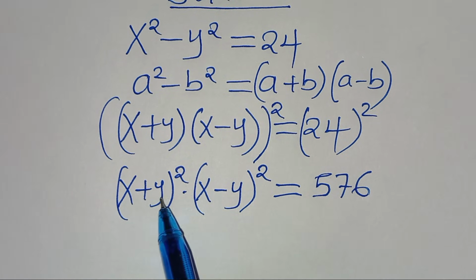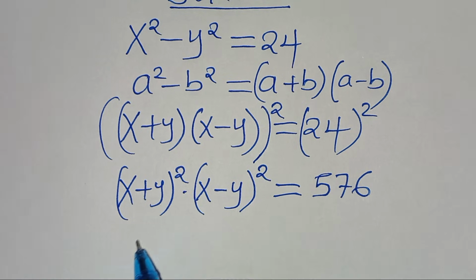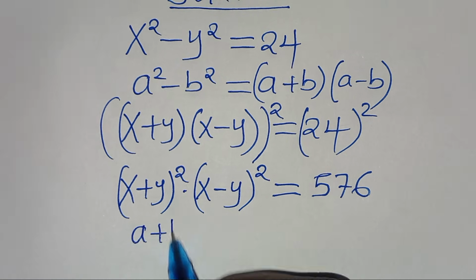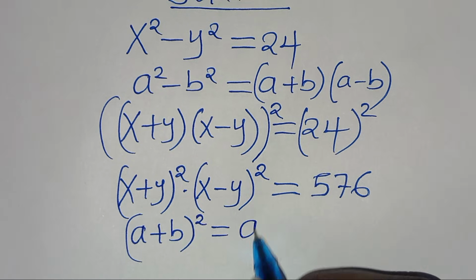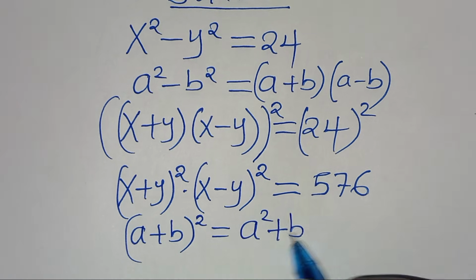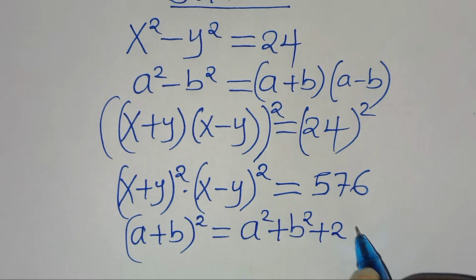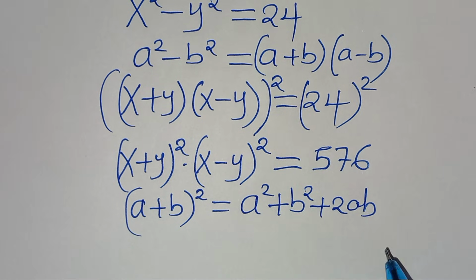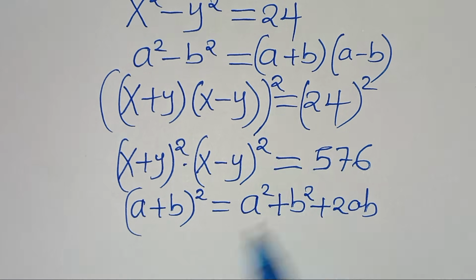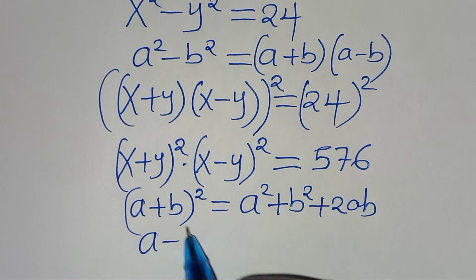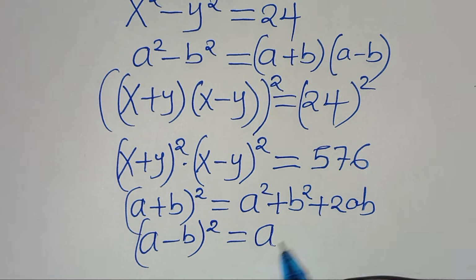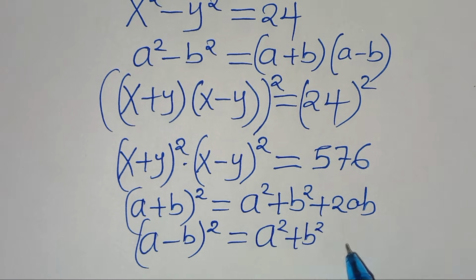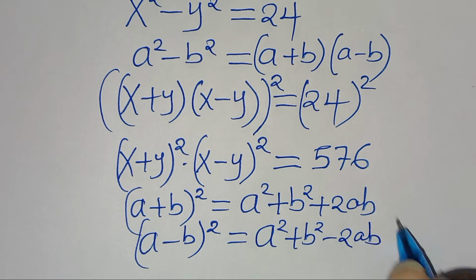Now, x plus y to the power of 2 is in the form of a plus b raised to the power of 2, which we can express as a squared plus b squared plus 2ab. Then we have x minus y to the power of 2, which is in the form of a minus b to the power of 2, which we can express as a squared plus b squared minus 2ab.